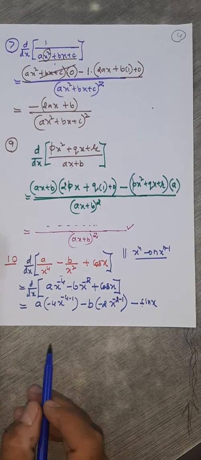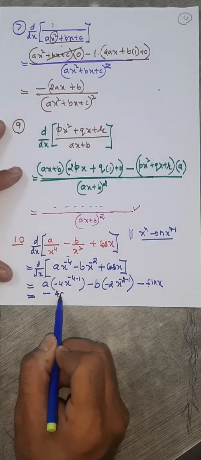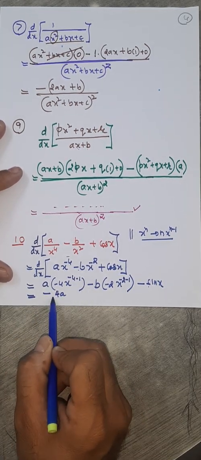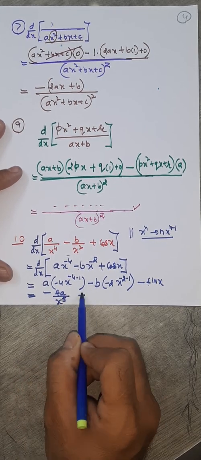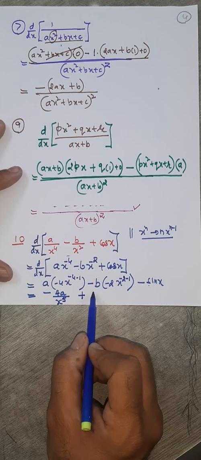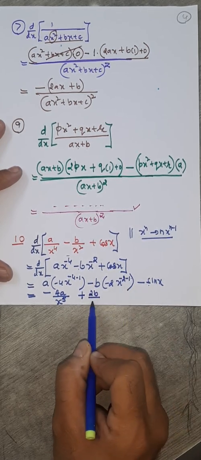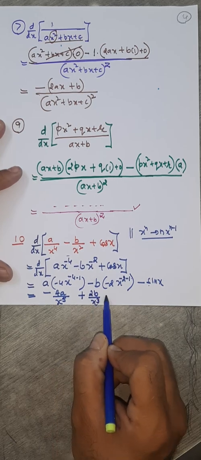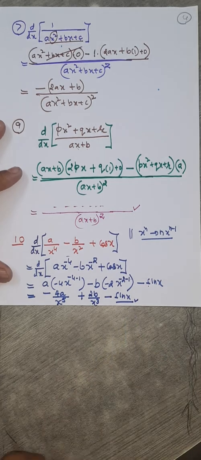So if I just rewrite this, here minus 4 as it is, this is total minus 5 power. So minus 4a upon x raised to 5. Plus, here minus minus will be plus, 2b. This is nothing but total 3 power, so x cube, minus sin x. That's the required derivative.